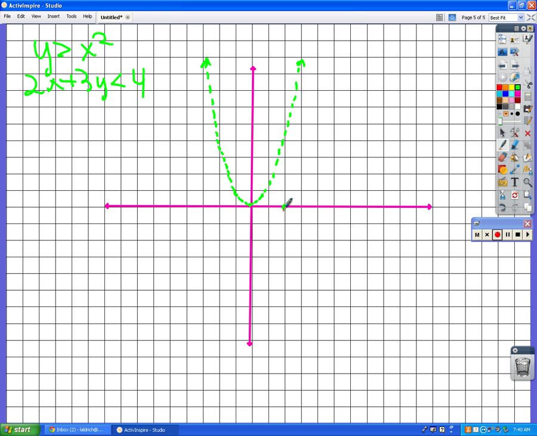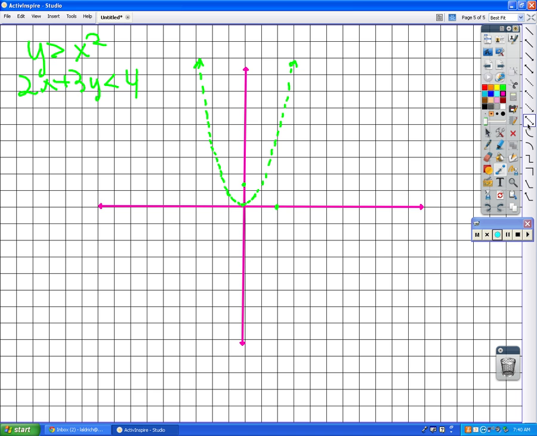And then if I cover up the x's, 3y equals 4 means it crosses the y-axis at 4/3. So I'll put a dot right here. And then connect those dots, and that'll be my line. So if it's given to you in that format, you can do that little cheating way.